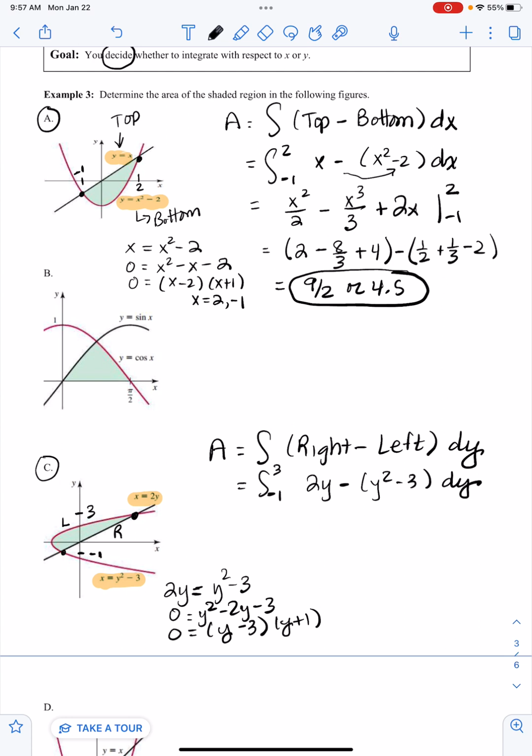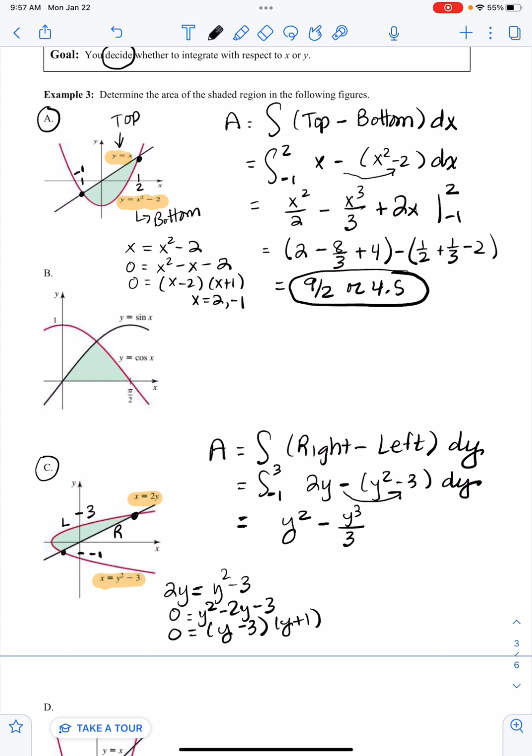Okay, once again, we can kind of cop out and use that integral button in our calculator that I showed you. If you want to do it by hand, 2y would go back to y squared. Negative y squared would go back to negative y cubed over 3. And then remember, be careful with the sign here.